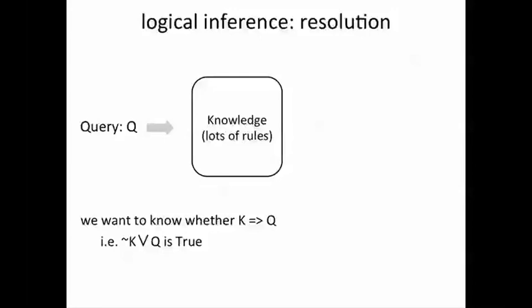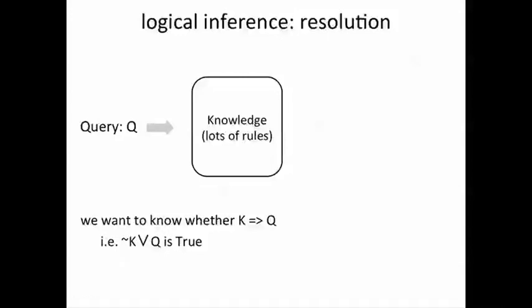Please convince yourself that whether or not K is one statement or hundreds, K implies Q is still the same as saying that not K, that means the negation of all these statements in the knowledge base, or Q, this compound statement, is true. To see that, if K is false, then not K is true. And if K is true, then not K is false. And if not K is false, then Q must be true in order for this to be true.